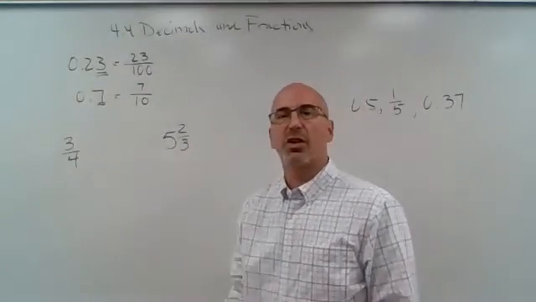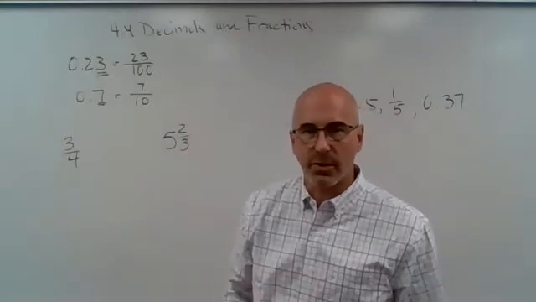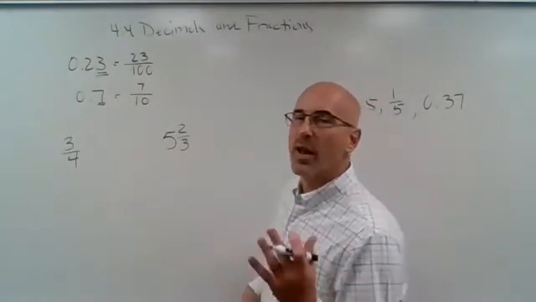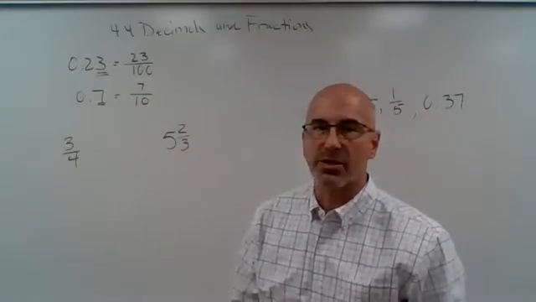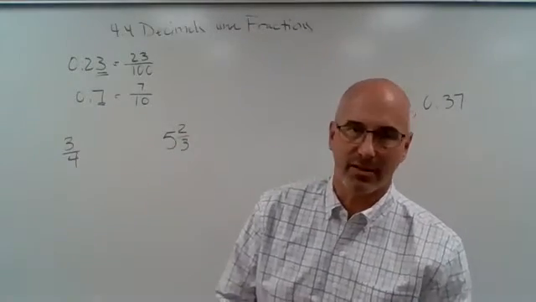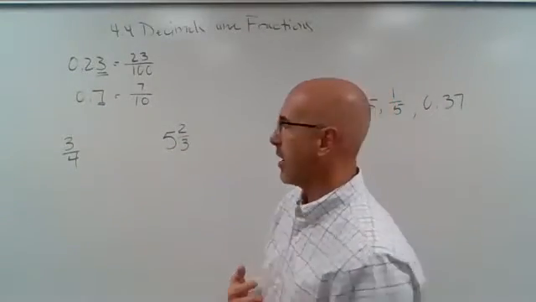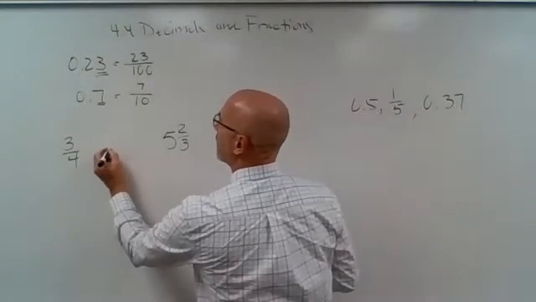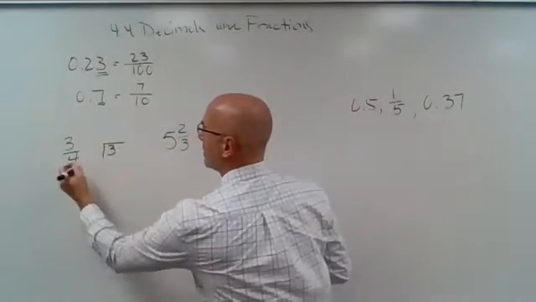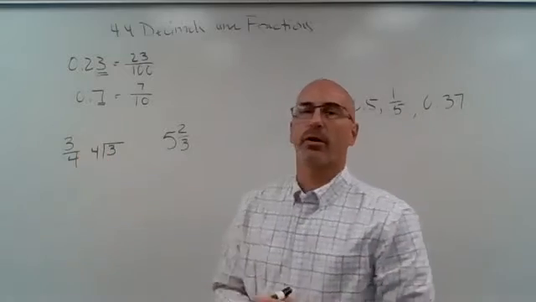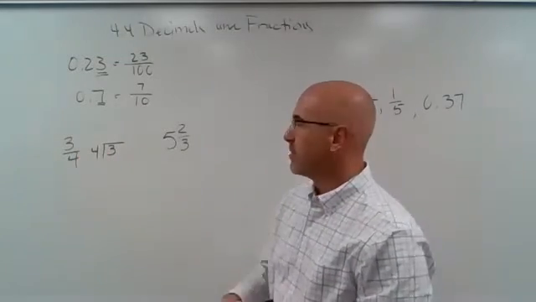3/4. We want to convert that to a decimal. And as we have learned before, the fraction bar can also be interpreted as a division problem, a division line. So we always know that the top number goes inside the box. The denominator, the lower number, goes outside the division box.